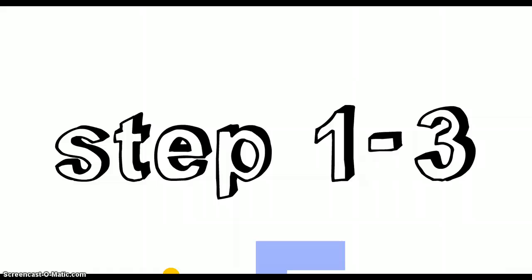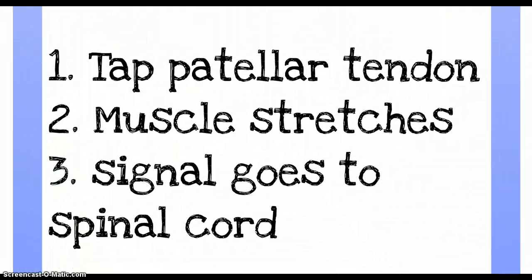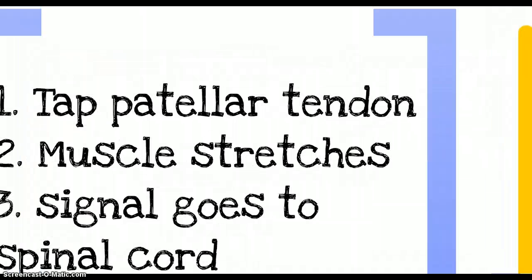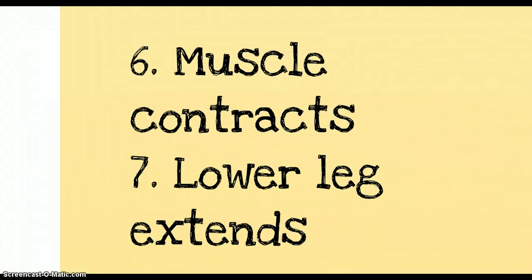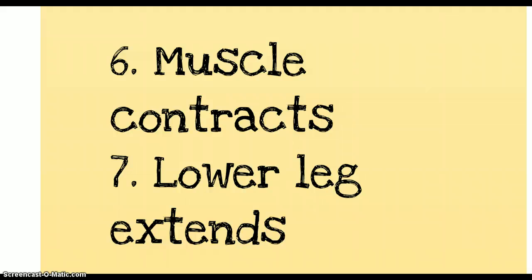Steps 1 through 3 are that you tap the patellar tendon, the muscle stretches, and the signal goes to the spinal cord. Steps 4 through 5 are that the impulse goes across a synapse and travels via the efferent nerve to the muscle. Then steps 6 through 7 are that the muscle contracts, and then the lower leg extends.